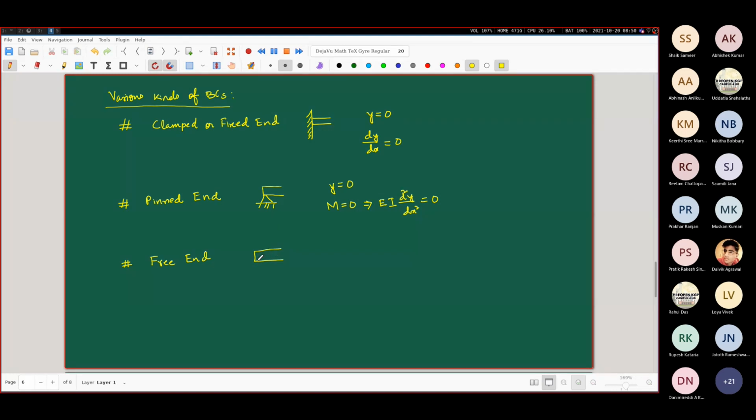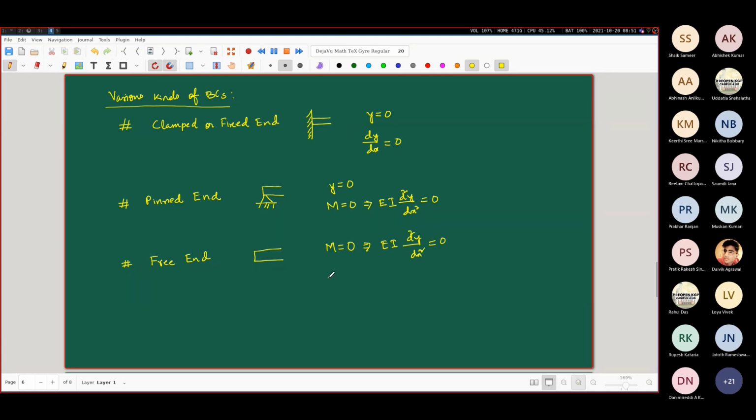So what can we say? Can we say anything about the bending moment? So M is going to be equal to 0 here, because there is no resistance to the rotation here, which means that again I have EI d²y/dx² is equal to 0.